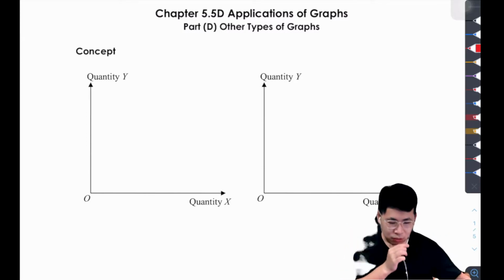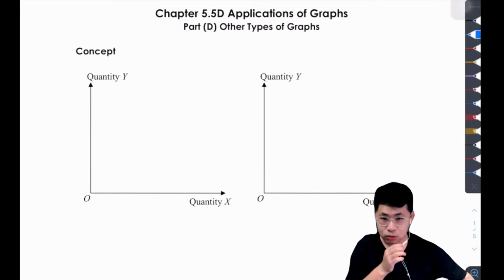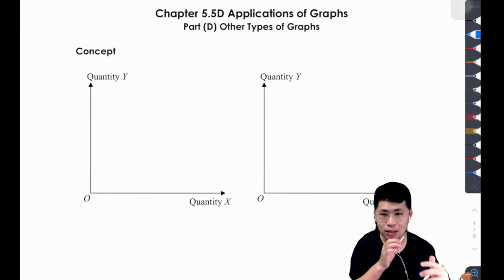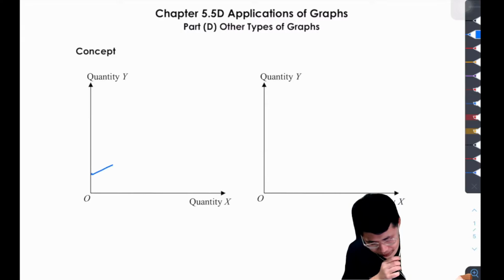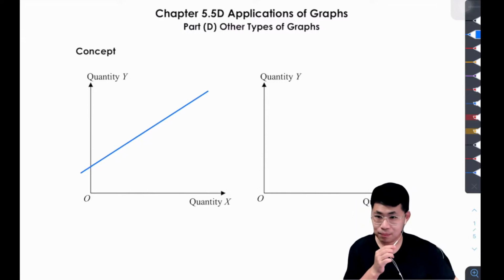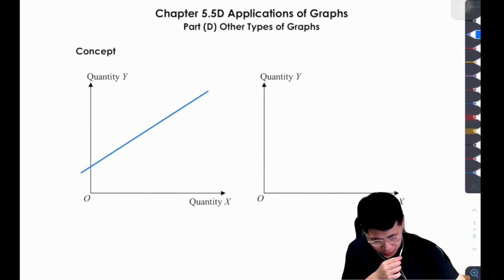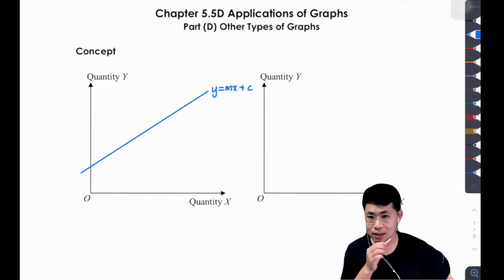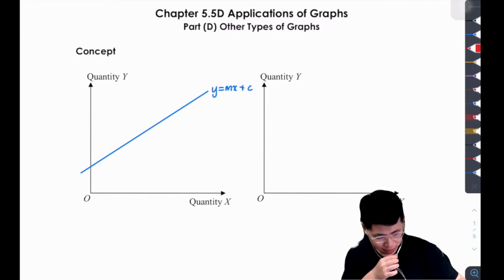Okay, so with this one over here, let me draw you to two concepts. The first concept is this one. So let's look at the first graph over here. Let's imagine that we have y equals mx plus c. Now there is this special thing about this m and this c.